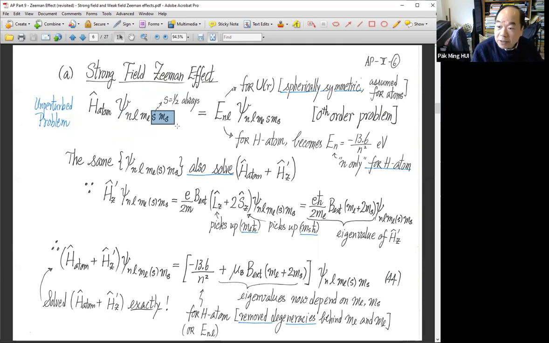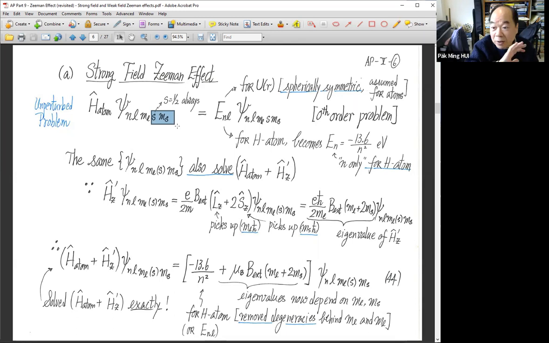For an electron, S is always half, but I would like to keep it there for completeness. You have ms plus half, minus half. Usually people call it spin up, spin down. You have a wave function for it, which is a spinor, (1, 0) for Z component being up, or (0, 1) for Z component being down. So whatever way you represent it, it is the matrix representation that I mentioned. This is the spin part.